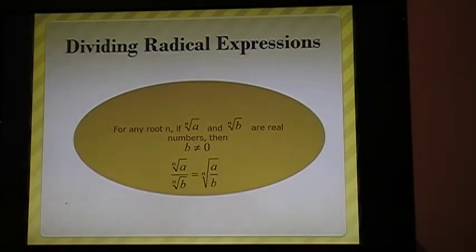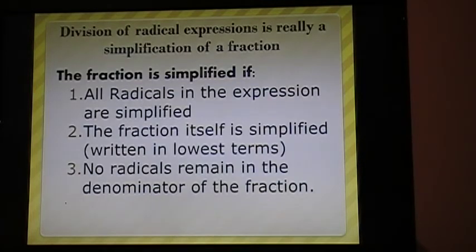So again, putting it together, splitting it apart, we're going to be using them both, whichever one best suits our purposes, and doing our simplification. It is called division of radical expressions, but it's really more of a simplification of a fraction than it is actually a division.